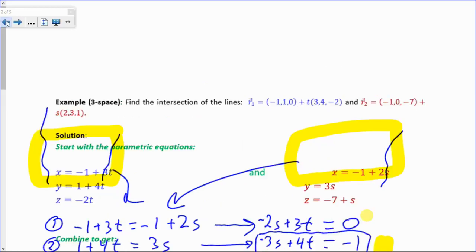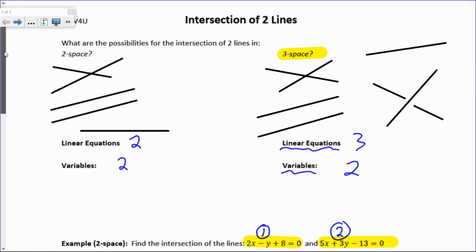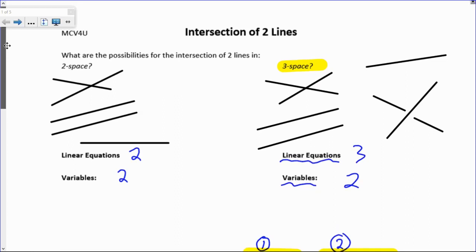An interesting thing, and don't worry too much about this if it confuses you: notice that finding the point of intersection in 3 space was the same as solving 3 linear equations with 2 variables. What's interesting about that is that 3 equations and 2 variables could actually represent 3 equations of lines in 2 space.